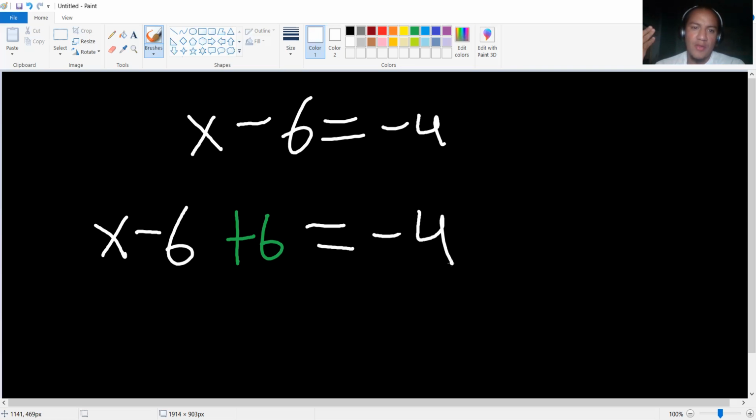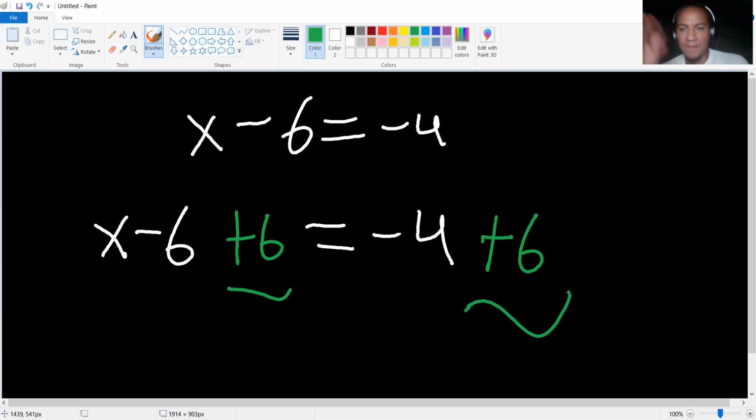So the other team has to either wait for another player or just pick someone off the street. In either case, they add one more player. So both sides added one player. That means that I got to add one player to the other side. In that case, it's positive 6. I added positive 6 to the left and positive 6 to the right. So both sides are equal and fair.